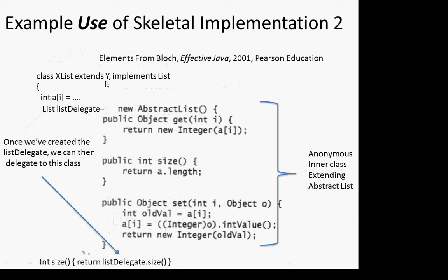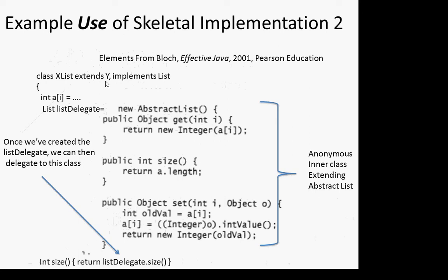Just like we sometimes seem to want multiple inheritance, conceptually we might want our X list here to inherit from Y and inherit from this abstract list, right? But we can't do that with multiple inheritance in Java. It doesn't allow it, and it doesn't allow it for our own good.